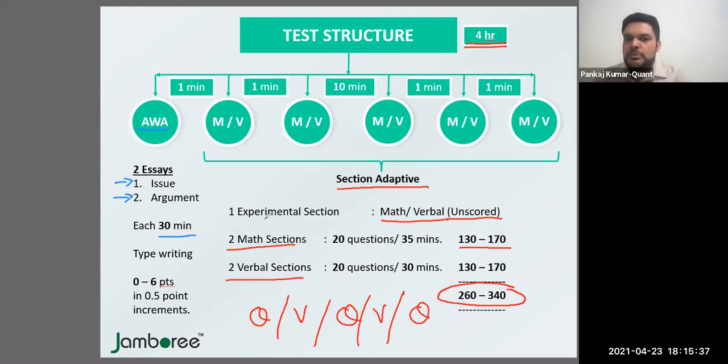Now, I just want to give you one brief idea why the adaptive nature of the exam is important. Just try and relate: with one mistake, I repeat, I'm talking about one mistake, you can get 170.